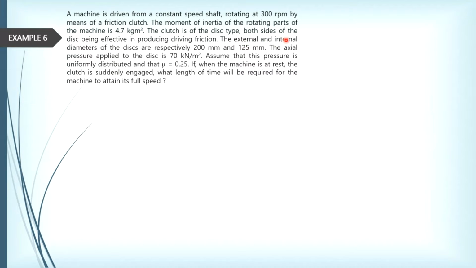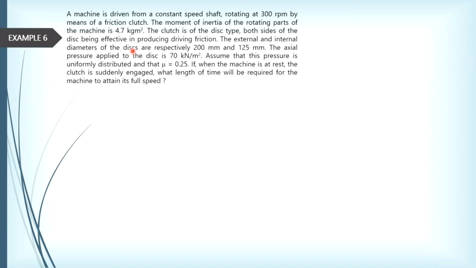Now the external and internal diameters. Usually they give us diameter, so it is better for you to take note, because sometimes you might make mistakes. You might consider this as a radius, where you straight away substitute these values into the formula. So you should take note of this.